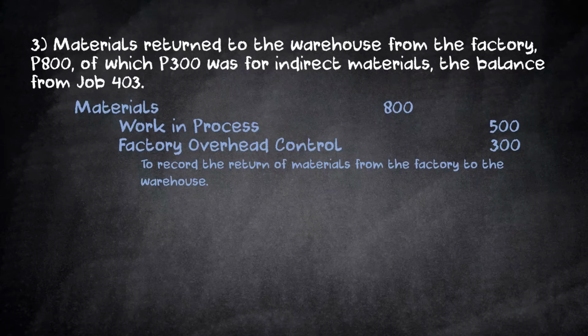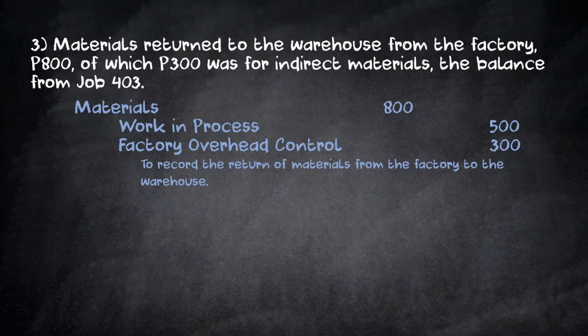Again, total siya kasi meron ulit na breakdown. 300 daw ay for indirect materials. Ang tanong ko muna, saan ba natin unang chinarge ang indirect materials? Yes, chinarge natin ang indirect materials kanina sa factory overhead control. So, kung dinebit natin siya kanina, edi i-credit natin siya ulit ngayon kasi nga babawasan natin. So, we have there credit factory overhead control for 300.